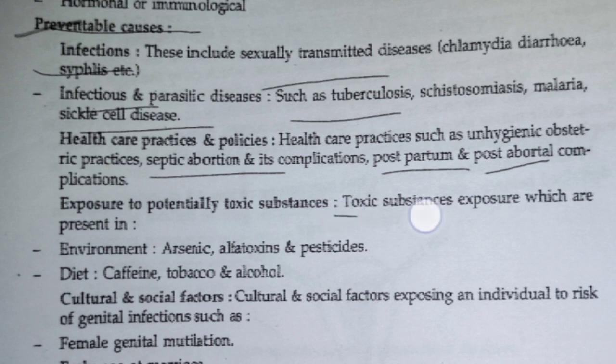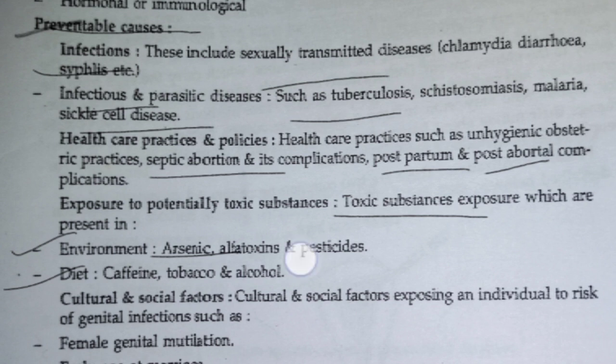And if she is exposed to any kind of toxic substances, one is environment, the other is diet. In environment, arsenic is the main one. If a woman belongs to a poor family, she might do routine work like breaking bricks. When she is breaking the bricks, arsenic is released from the dust, which is very dangerous.